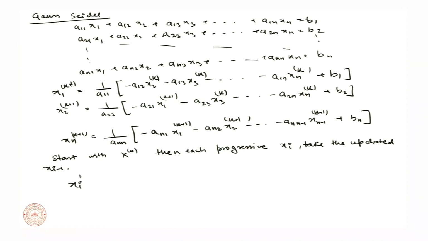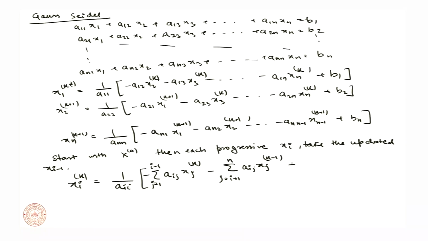So xi for k is equal to 1 by aii, times the summation of minus aij xj from j equals 1 to i minus 1 for the current step value, minus the summation from j equals i plus 1 to n of aij xj for the k minus 1, plus b of i.